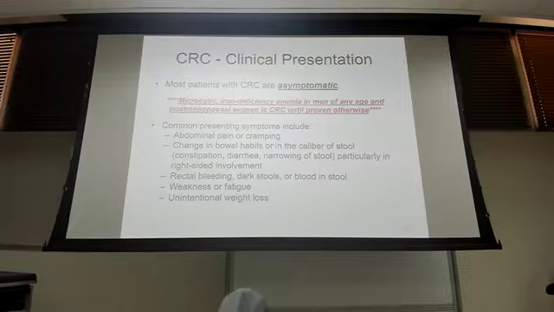Clinical presentation for colorectal cancer. Most are asymptomatic. That's why we have to educate our patients to get the screenings. Because most colorectal cancer patients are asymptomatic. If you see microcytic anemia in a man of any age, or a postmenopausal woman, that is cancer until proven otherwise.